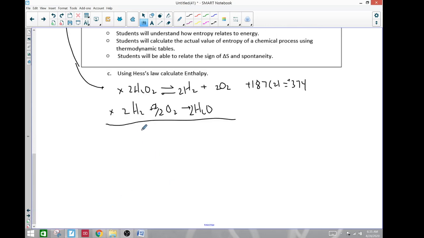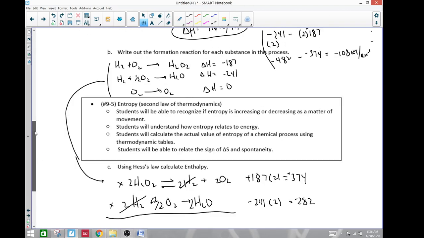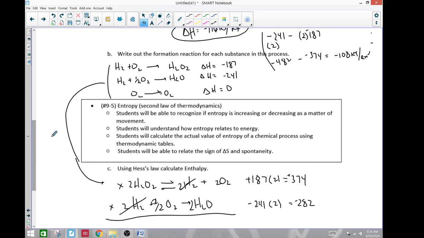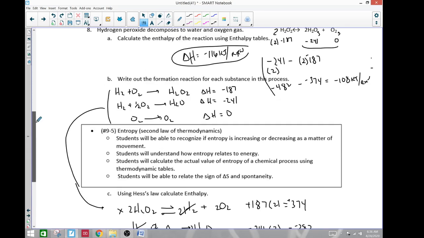So, all right, the hydrogen cancels. This one, by the way, was a negative 241 times 2, negative 482. All right, I think that's correct. I didn't do it wrong. Yep, and I think that does also match our reaction.